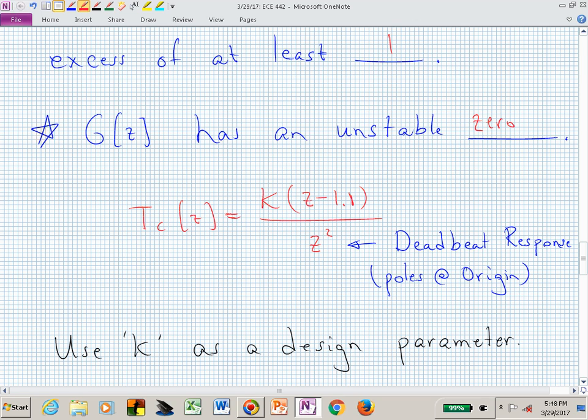We used 1 twice there, didn't we? We want the DC gain of our desired closed-loop system to equal 1, but our DC gain is found by evaluating that at z equal to 1. So we were forcing that to equal 1, and there are the 2 different reasons for selecting a value of 1.